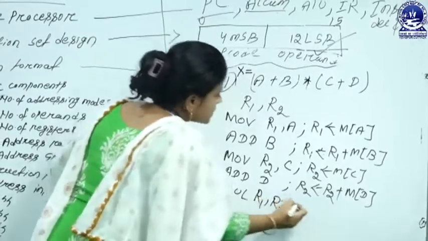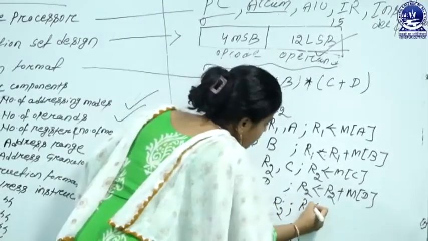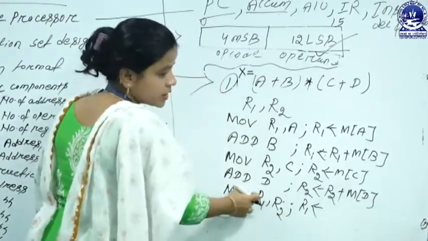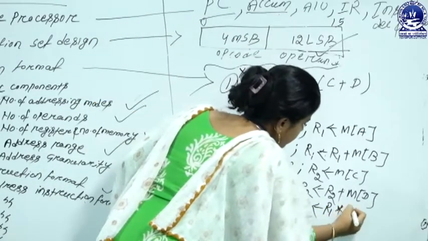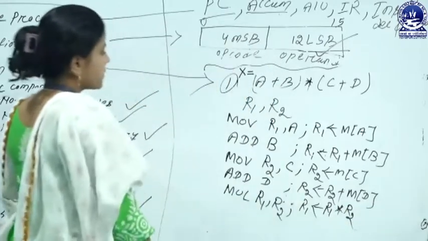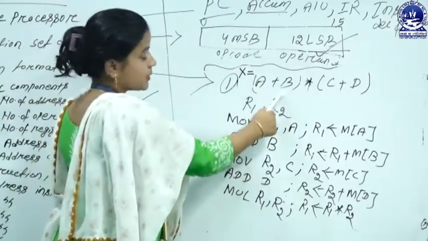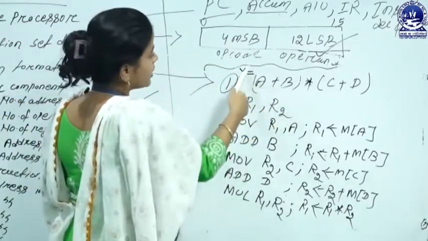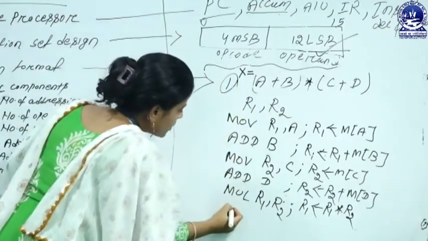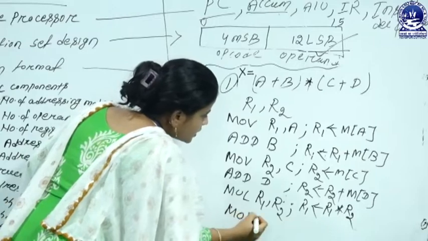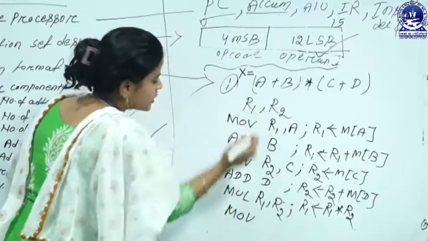That means here R1 stores the multiplication result. That means R1 equal to R1 cross R2. Okay. After performing the multiplication, it will be stored in the given location, that's your X. That means here you have to move the R1 value to the given X location.